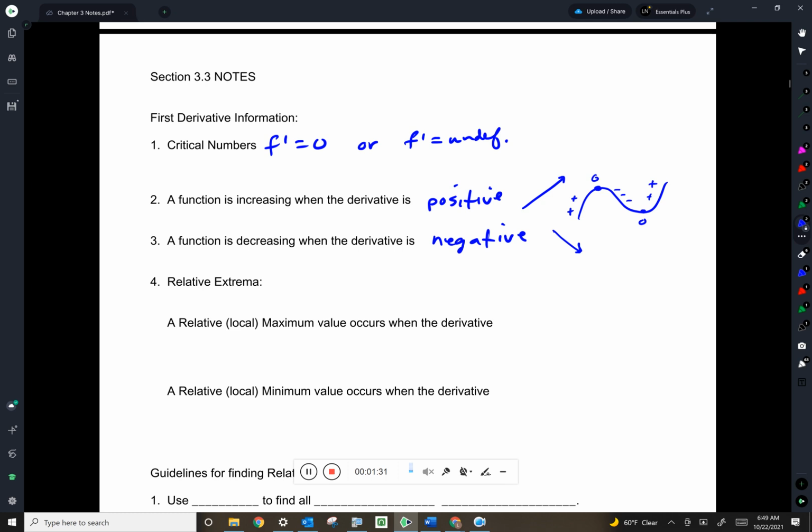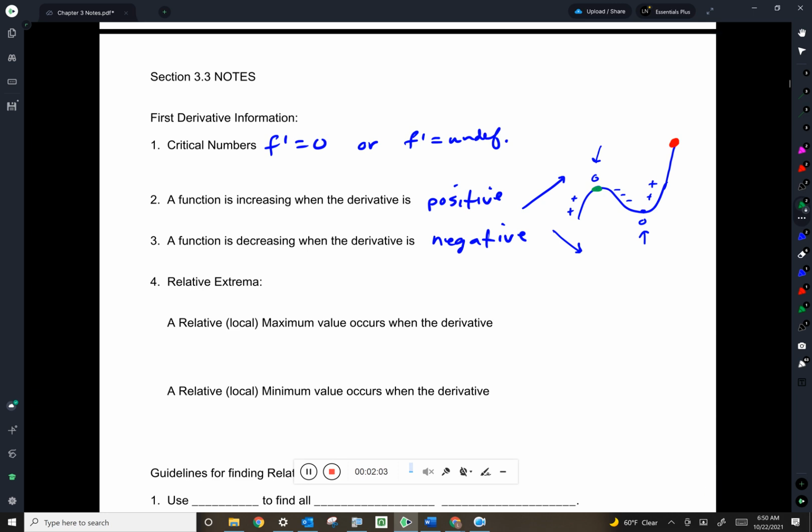Okay. Now, in the last section, 3.1, we talked about absolute extrema, and how absolute extrema can occur at critical numbers or endpoints. Well, now we're going to talk about relative extrema. And remember, relative extrema are those hills and valleys. If this curve were to keep going all the way up here, maybe this red one would be the absolute max, but we could say that this green one is a relative max.